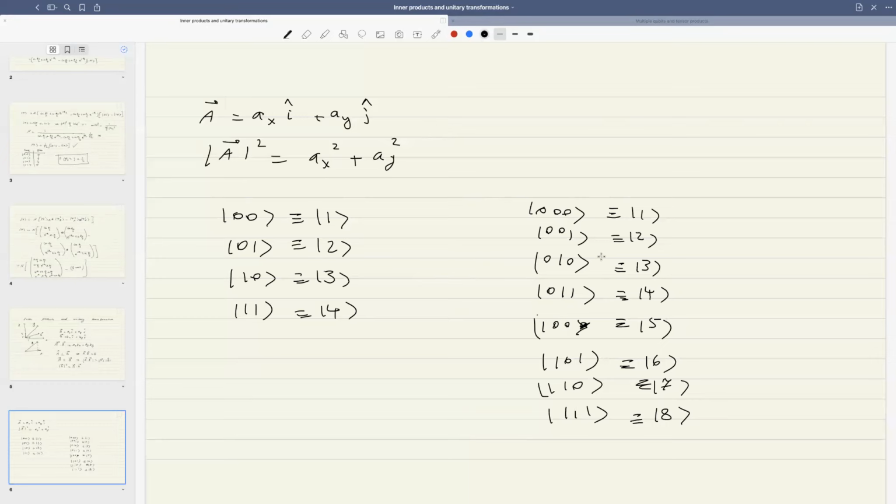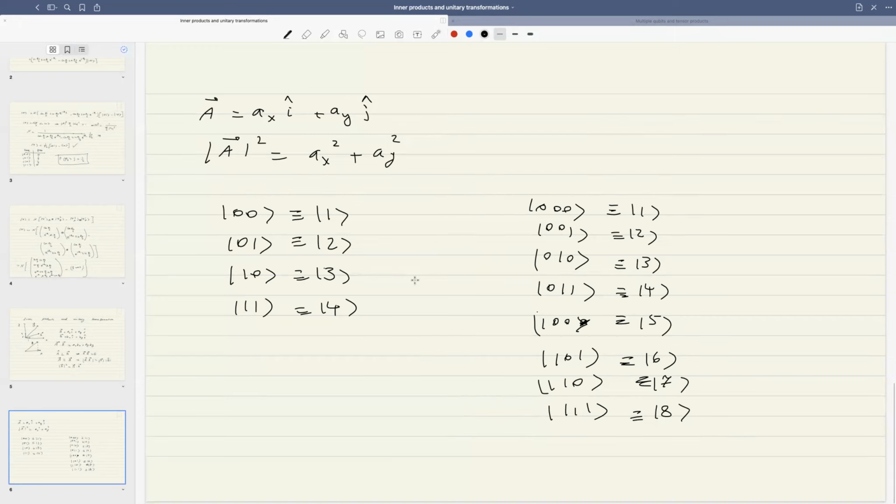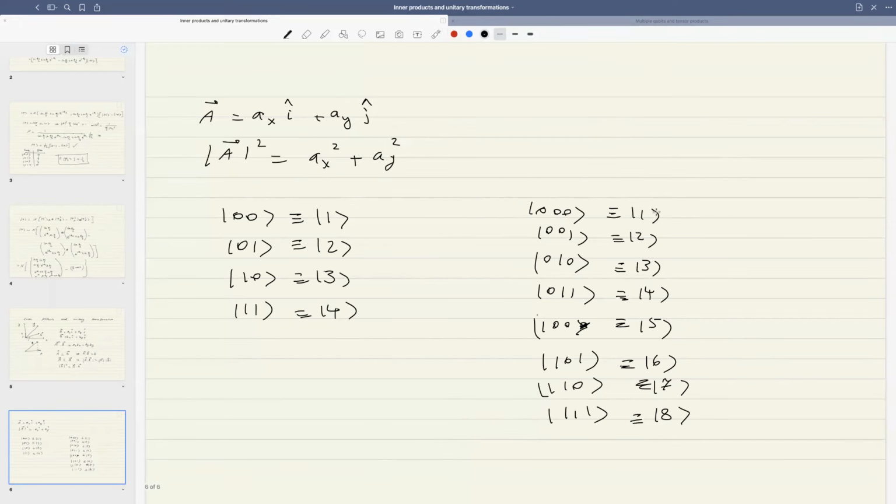So one thing you may notice is that if this string here is interpreted from right to left, it is the binary representation of a number, and this is just that number plus 1. So 0, 0, 0 is the binary representation of 0.